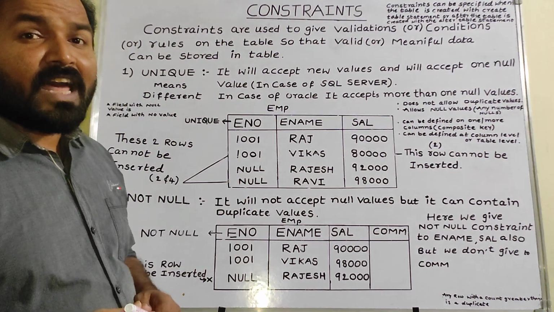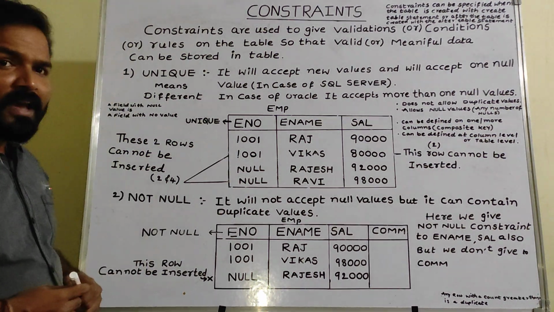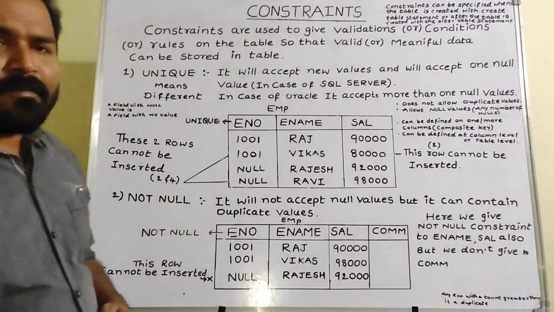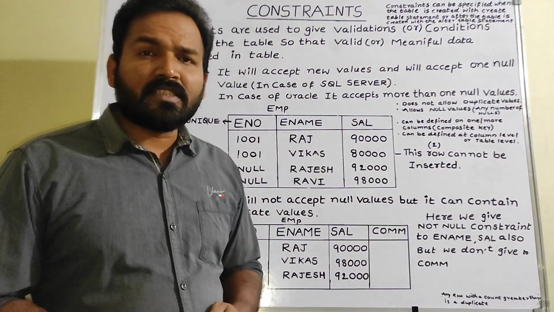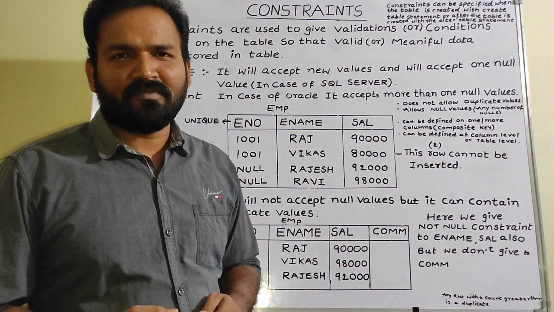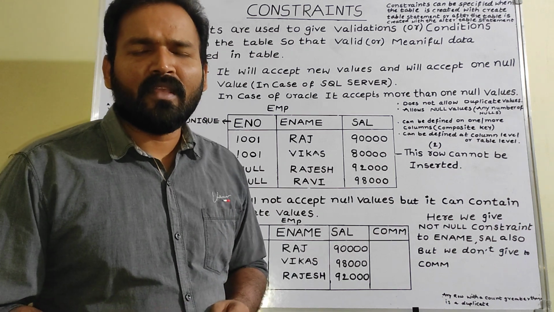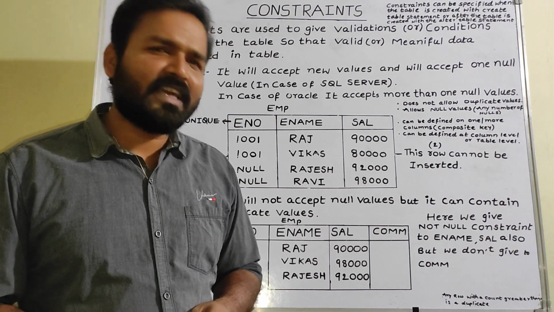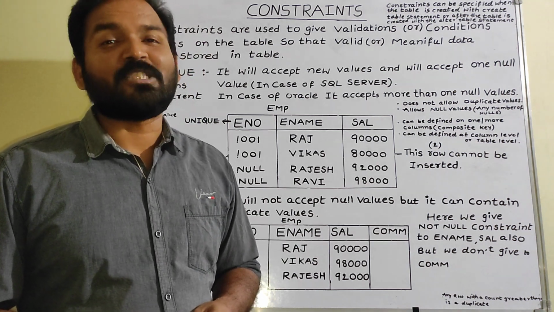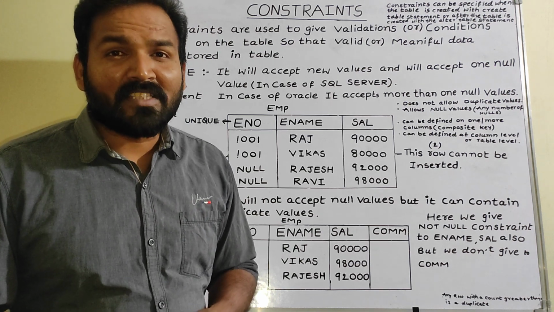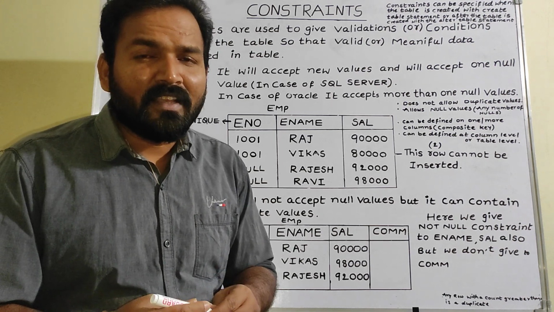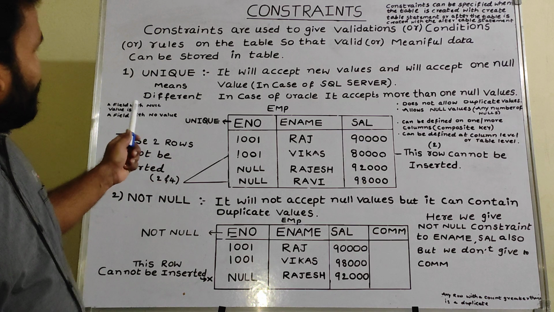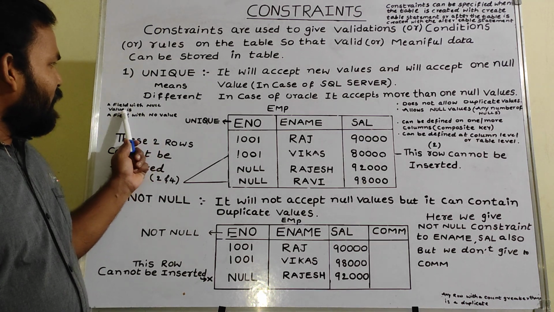Here, what is null? Null means neither zero nor space. Null means a field with an empty value.